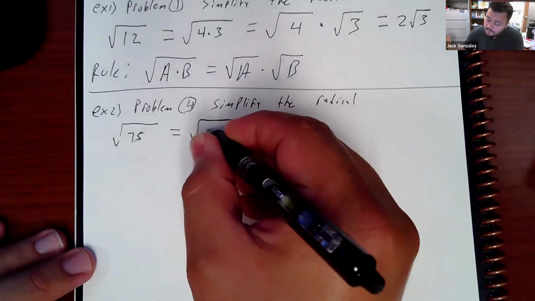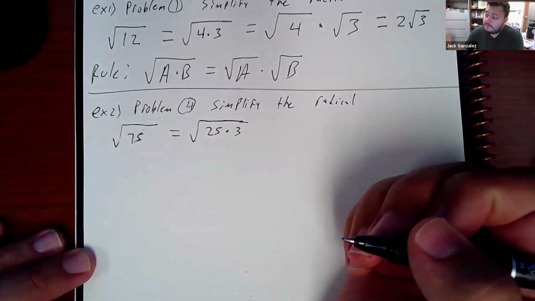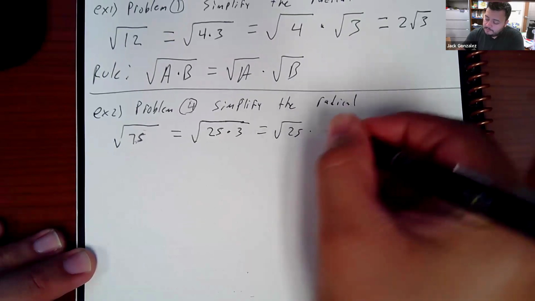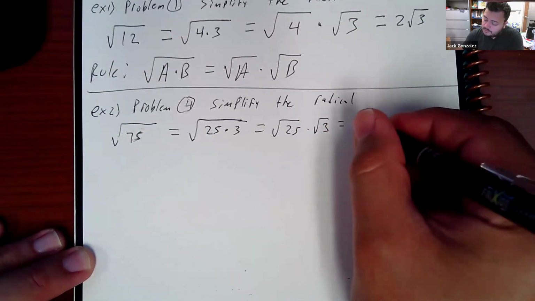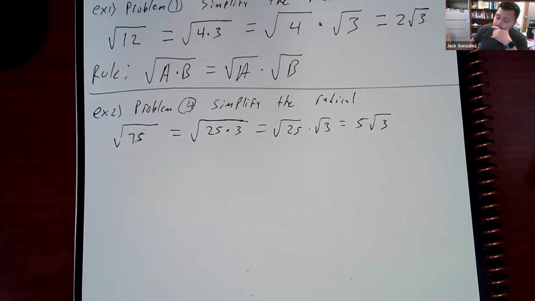Yeah. See how we choose purposely 25. So then we can separate this and square root the 25. Does the idea make sense? What they're doing here?